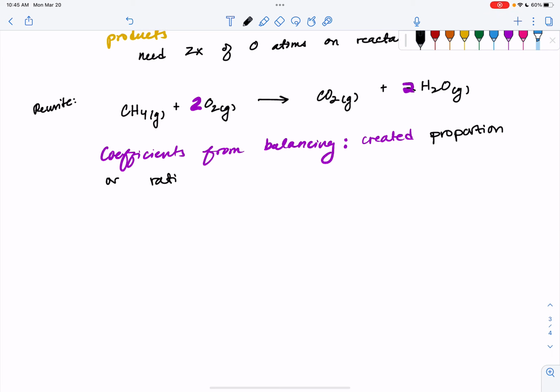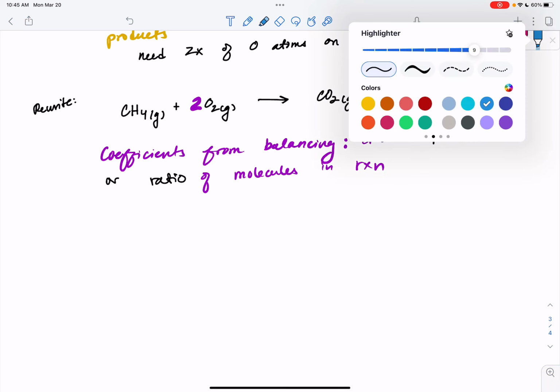or ratio of molecules in a chemical reaction.